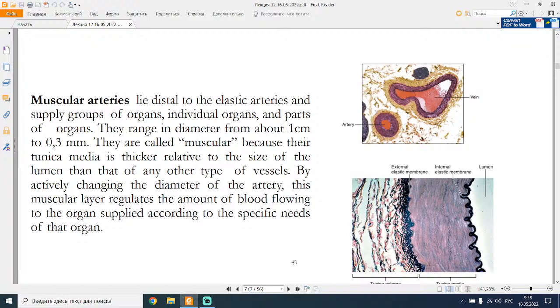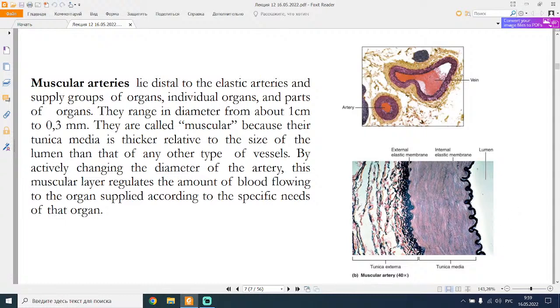They are called muscular because their tunica media is thicker relative to the size of the lumen than that of any other type of vessel. By actively changing the diameter of the artery, this muscular layer regulates the amount of blood flowing to the organs supplied according to the specific needs of that organ.